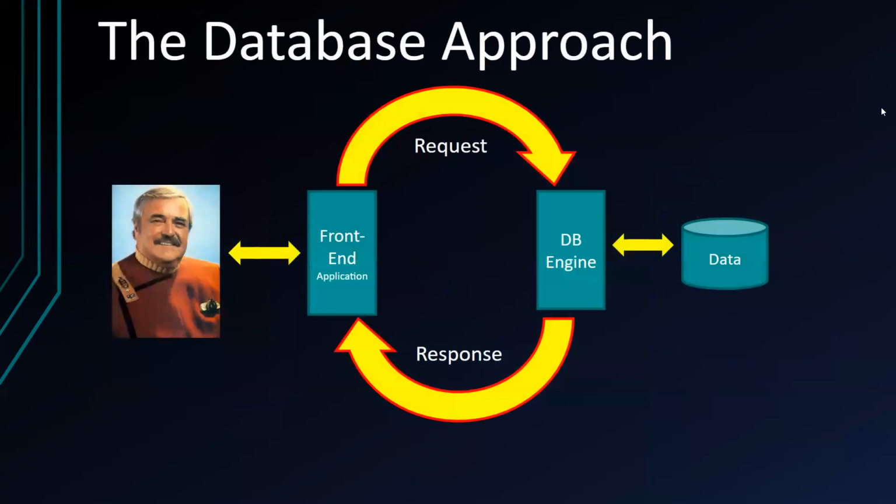And so the way that these work together is, you've got the front end software that is responsible to interact with the user. You've got the database engine that's responsible for handling everything about the data. And we're going to have some kind of request that goes from the front end system over to the engine.